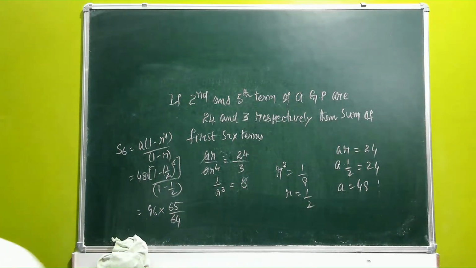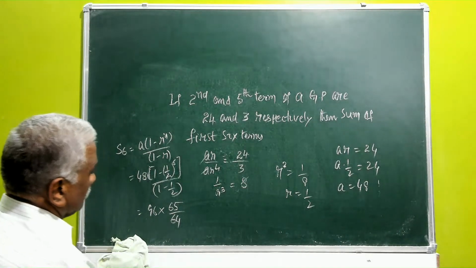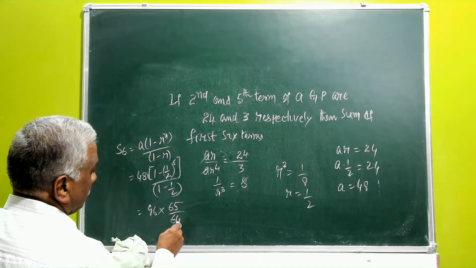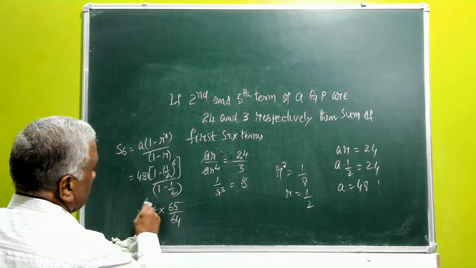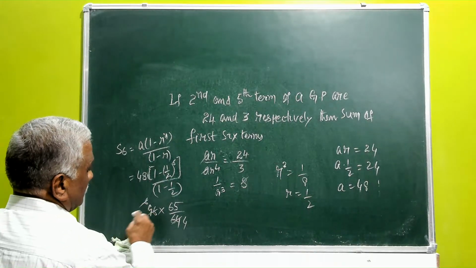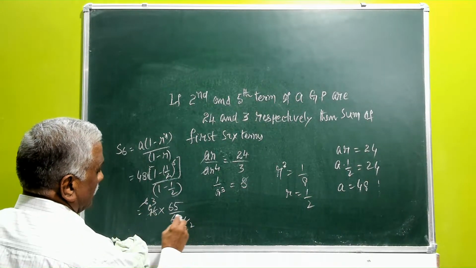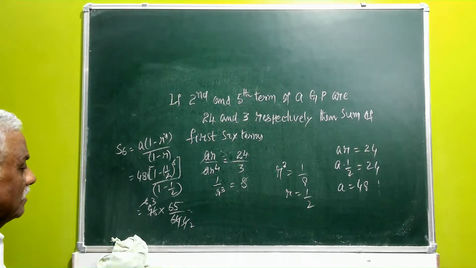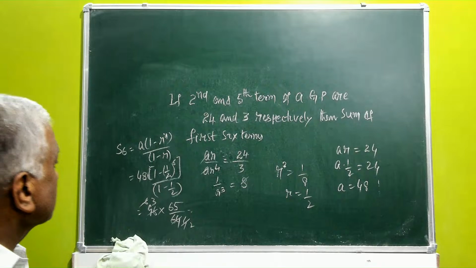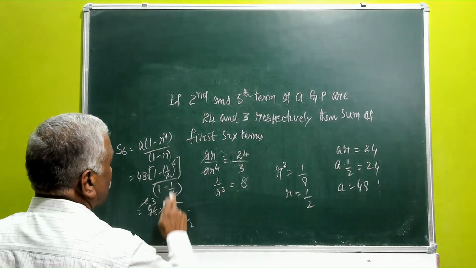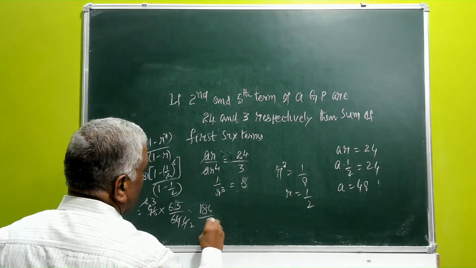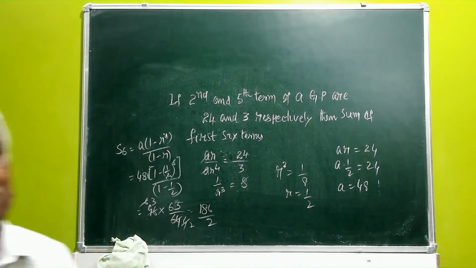You can simplify and get the solution. I'm sorry, this is 63 now. This 64 minus 1 is 63. You get the answer 189 by 2. That's the answer given in the book.